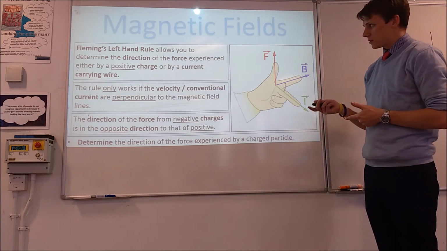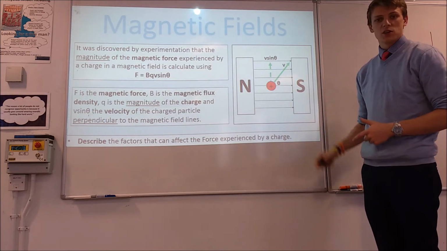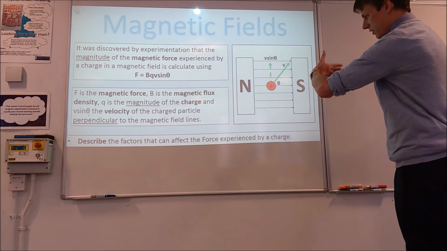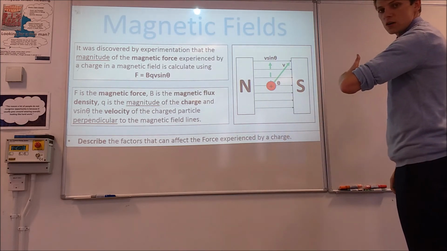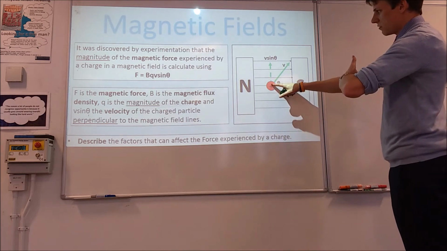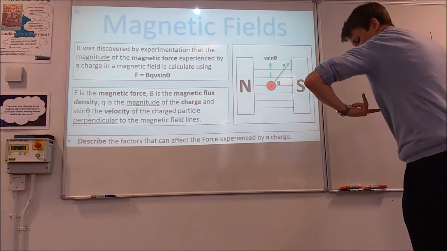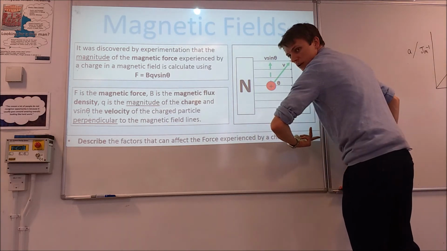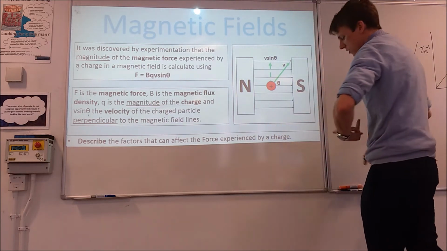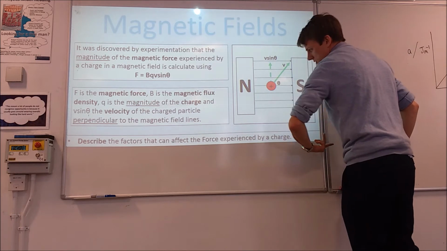Let's go back to what we were looking at earlier. So we had this example. Our field is coming from left to right, because that's the direction of the field lines. Our charged particle, positive, v sine theta, is up. And therefore, we can see the force is going to be going into the plane of the board, normally, or at 90 degrees to the board there.